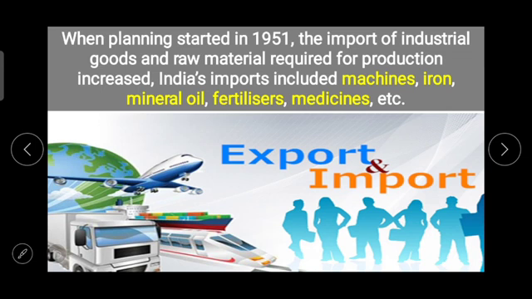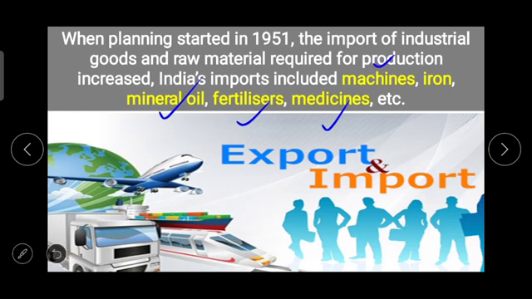When planning started in 1951, the import of industrial goods and raw material required for production increased. India's imports included machines, iron, mineral oil, fertilizers, medicines.